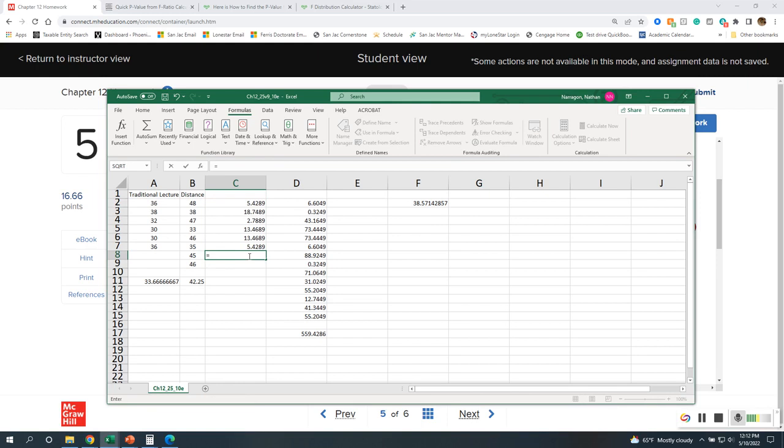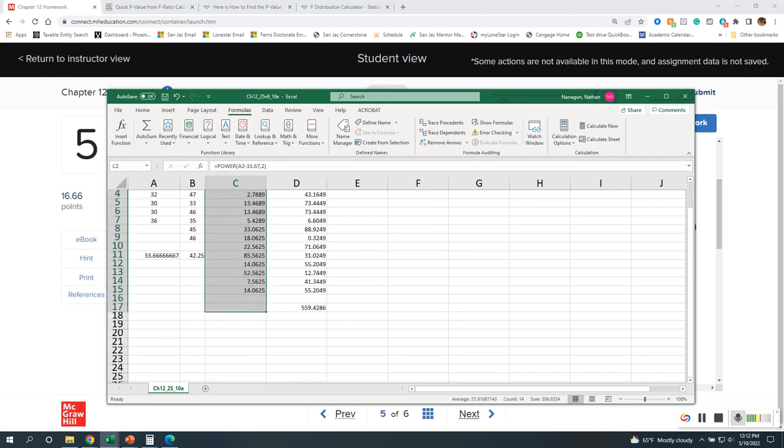Go, and then this will equal power, this one, minus 42.25, comma, 2, and go again until it starts repeating itself, which it kind of did. There we go. Okay.